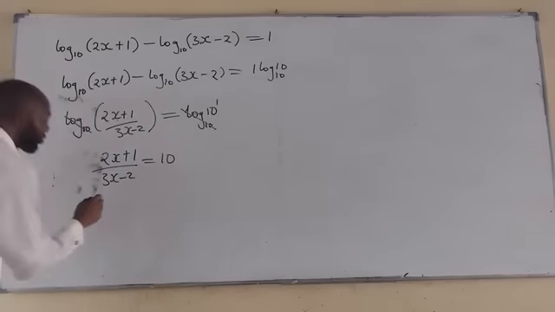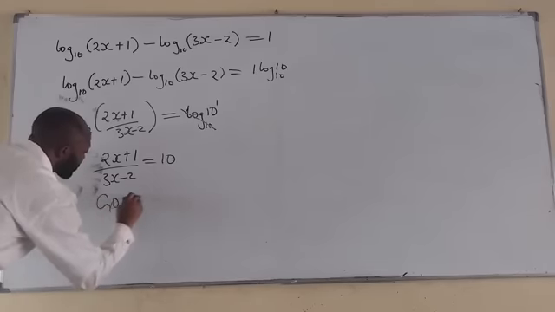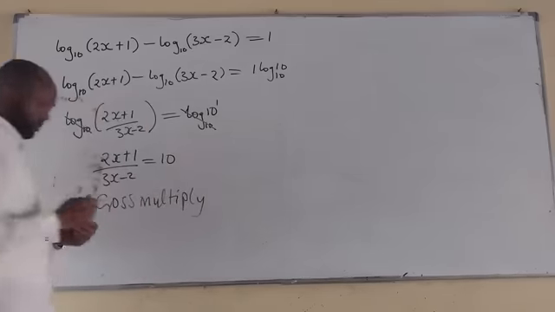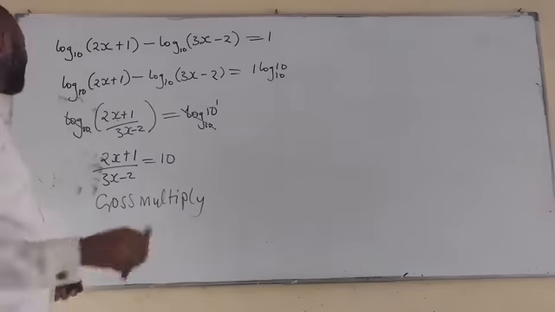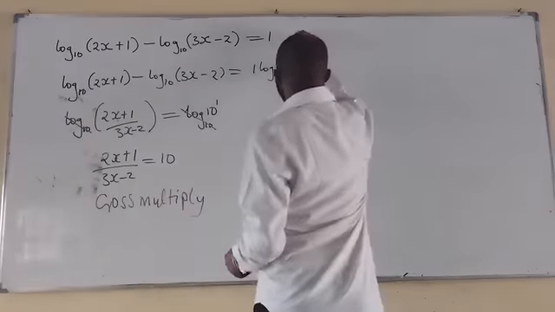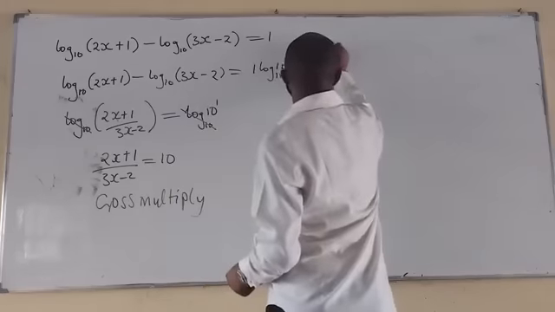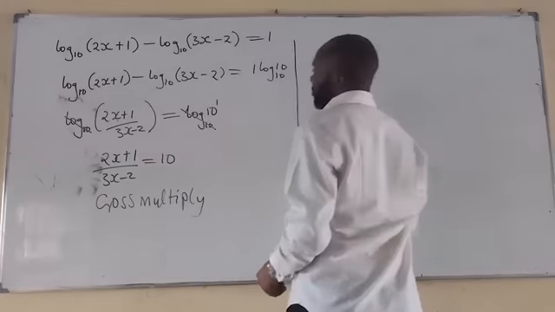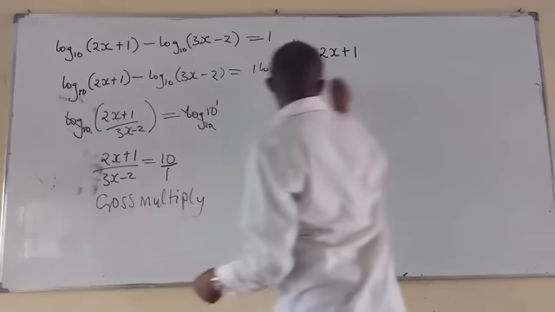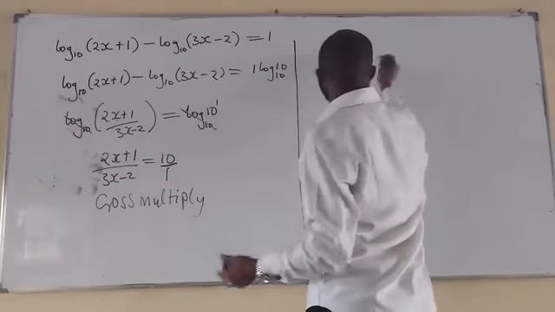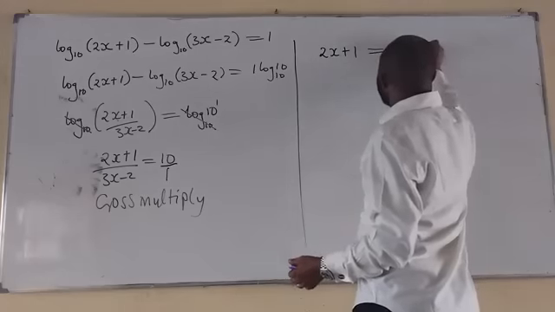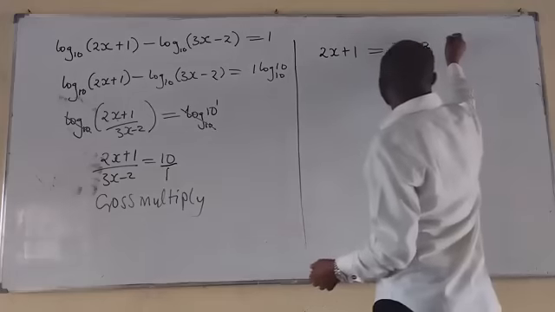I cross multiply. I have 2x plus 1 times 1 is the same, is equal to 3x minus 2 times 10.